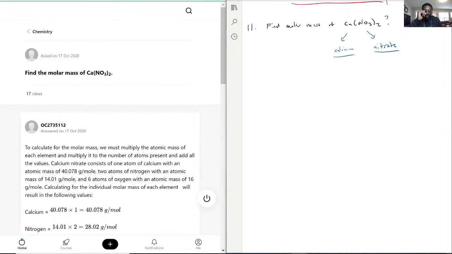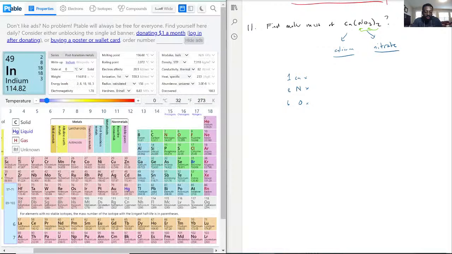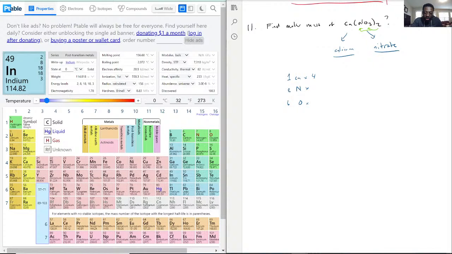To find the molar mass, constituents times: 1 calcium, and you apply the subscript to both the nitrogen and the oxygen, so you have 2 nitrogen and 6 oxygen. Calcium was like 40.078 or something like that. Yep, because we just did it earlier today.